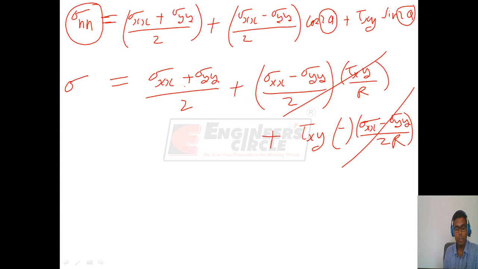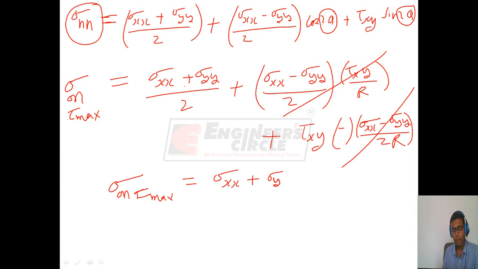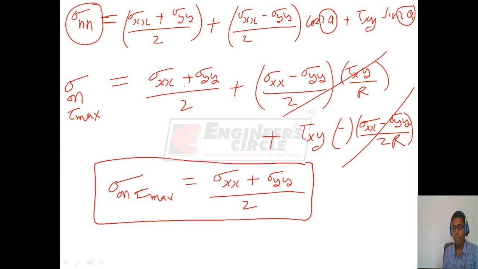So the normal stress on tau max plane is given by sigma on tau max is equal to sigma xx plus sigma yy by 2. We have earlier found that the value of shear stress on principal planes is 0, but the value of normal stress on tau max plane is not 0, and it is equal to sigma xx plus sigma yy by 2.